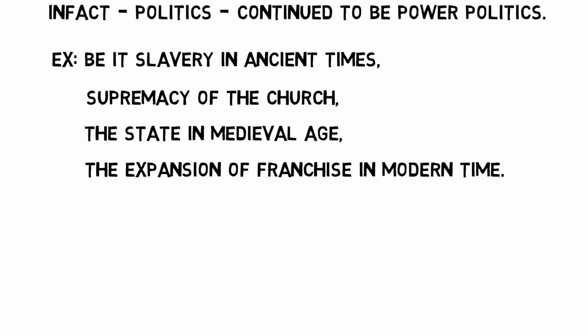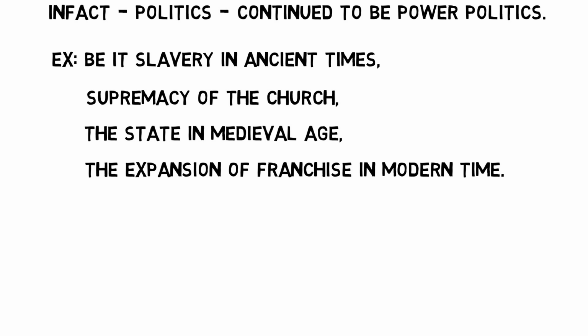And therefore power, in ancient time, was about slavery; during the medieval time it was about the church and later on the state; and today the real power lies with the voters, the universal adult franchise in modern time.